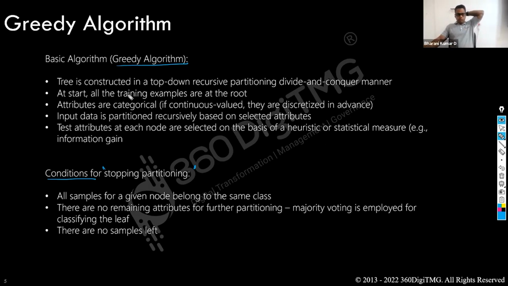A few 101s about decision tree or any tree-based algorithm: the tree is constructed in a top-down, recursive partitioning, divide and conquer manner. Continuously, recursively, you keep partitioning your data. At the start, you get started with the root node.